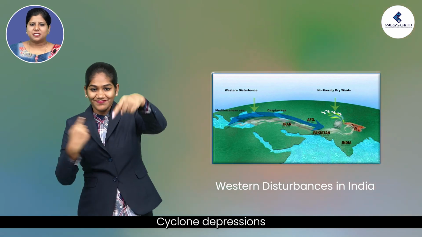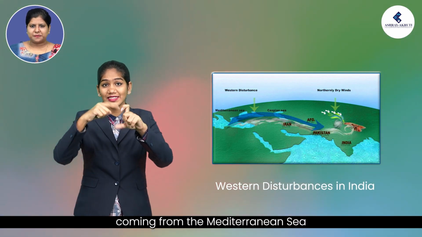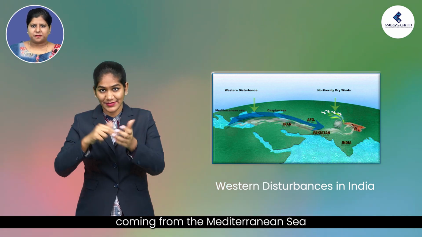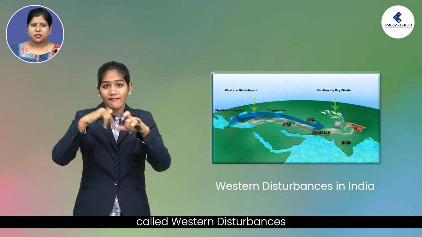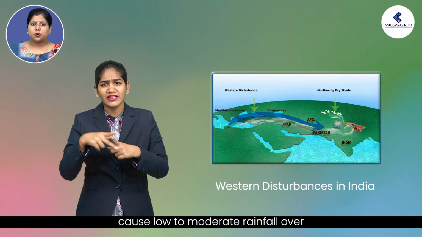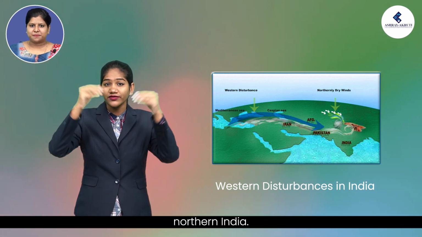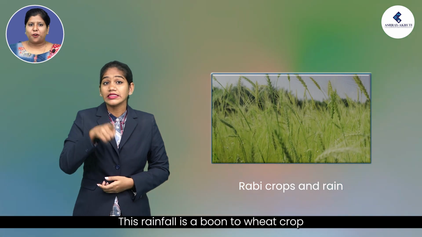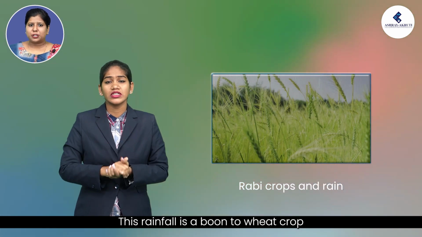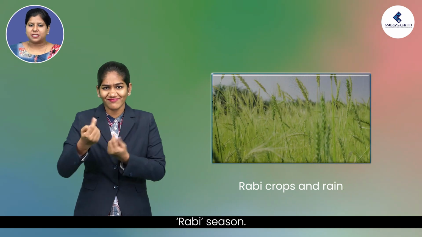Cyclonic depressions coming from the Mediterranean Sea, called western disturbances, cause low to moderate rainfall over northern India. This rainfall is a boon to the wheat crop, which is generally cultivated in the Rabi season.